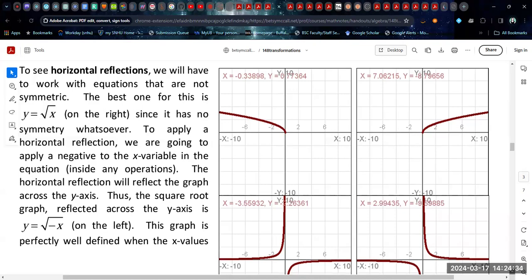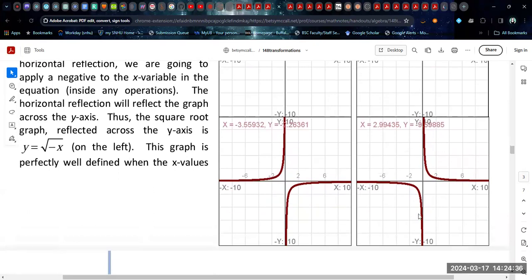Now, if we start with a 1 over x graph like this, and I replace x with minus x, I'm thinking of this as a horizontal transformation. It's going to flip this first quadrant over into the second quadrant, and the third quadrant over into the fourth quadrant. And so it's going to flip it horizontally.